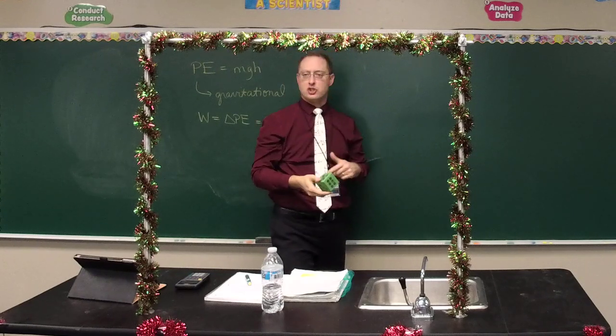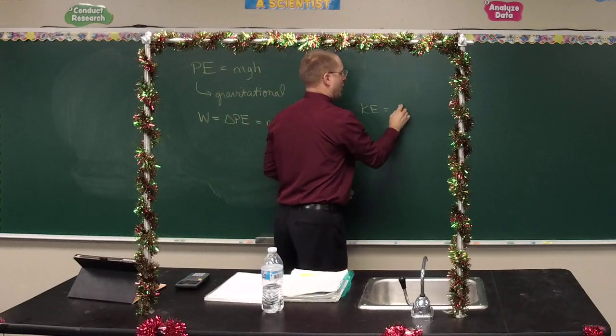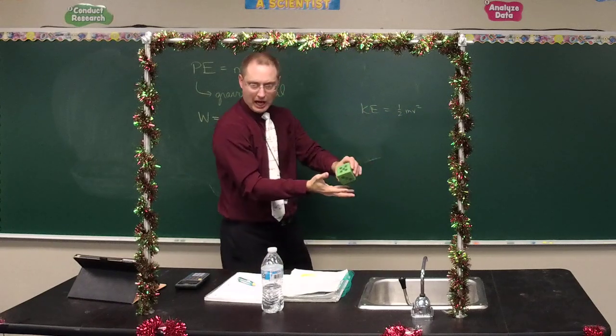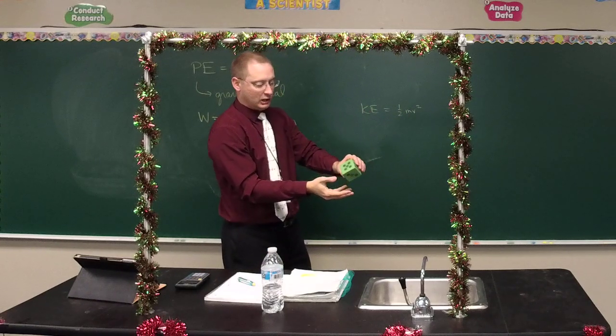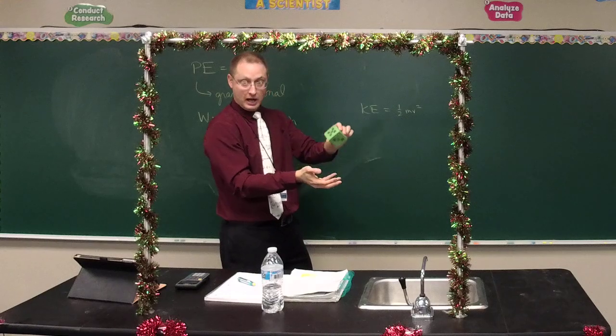And so if it's slowing down, remember kinetic energy, 1/2 mv squared, as it leaves my hand, it has a greater velocity. As it rises, it loses velocity. Therefore, it is losing what? Kinetic energy, correct?